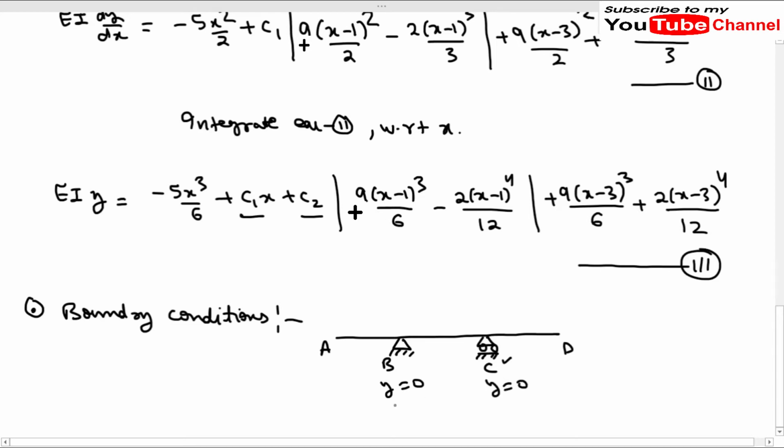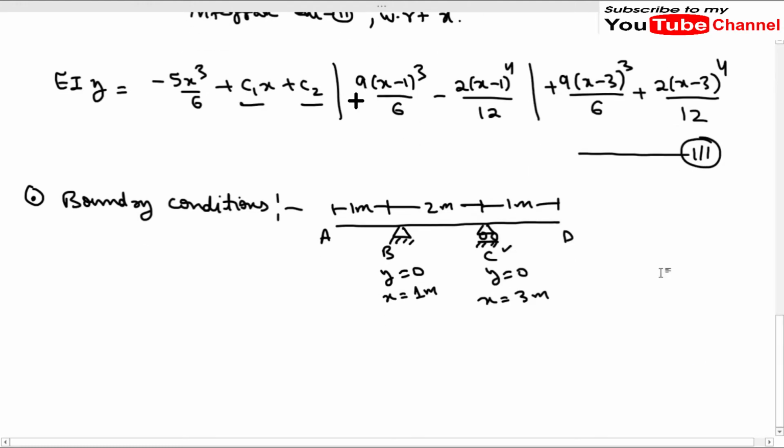The distance of B is 1 meter from A, because this span is of 1 meter, and this distance is of 2 meters, and this distance is also 1 meter. So the value of x will be 1 at B, and the value of x will be 3 meters at C. So we will use these two boundary conditions to find our constants c1 and c2.